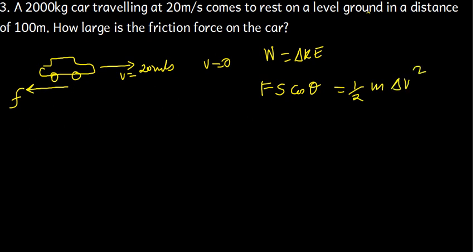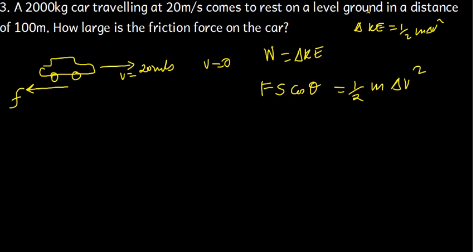Kinetic energy is given by half mv squared. So when we put change here, we are supposed to put change there also. So the change is given by final kinetic energy minus initial kinetic energy.